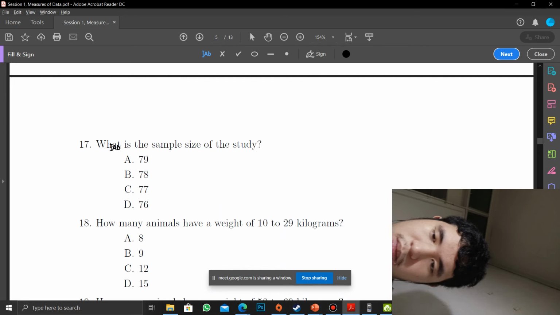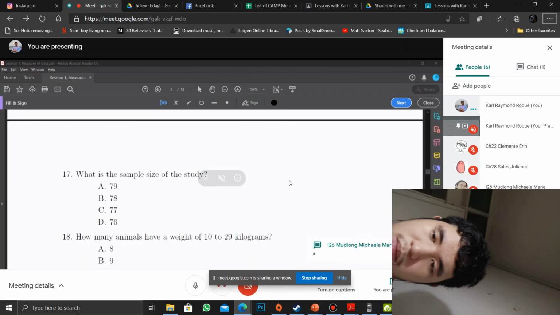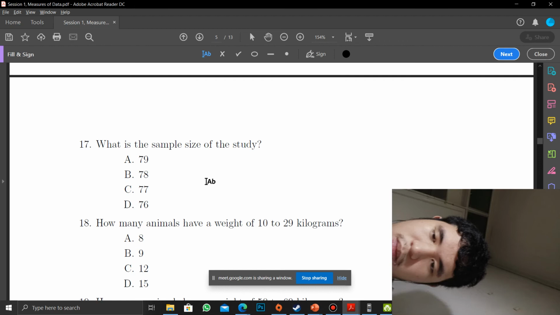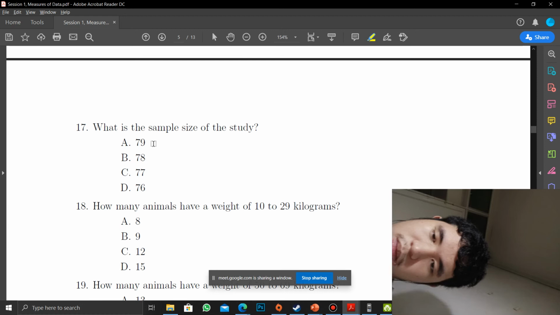Based from the table kanina. A, 79. Kasi, based sa table natin kanina, the sum of the frequency is 79. So, ibig sabihin, sample size is the number of terms na sinastudy mo.